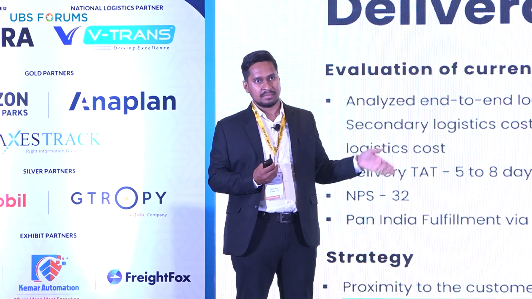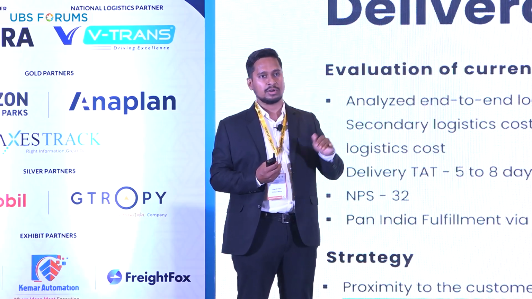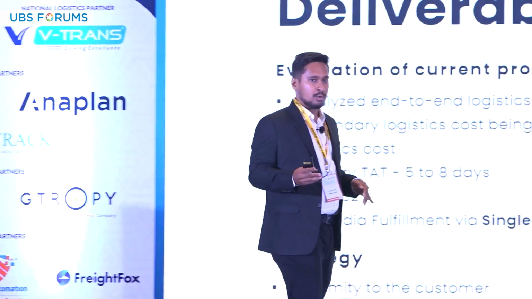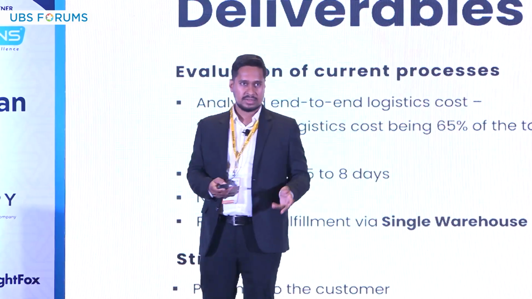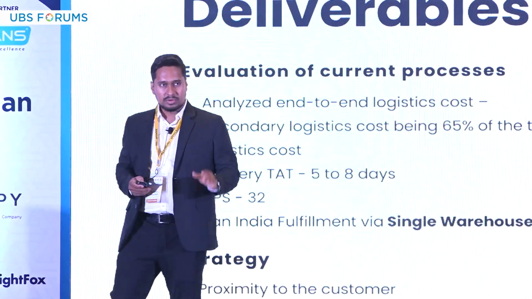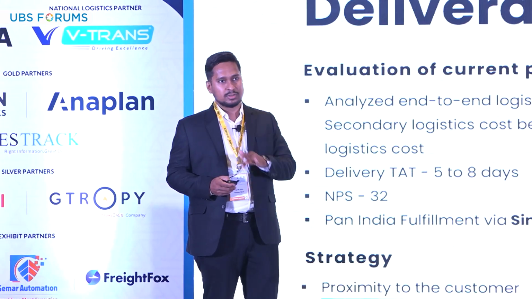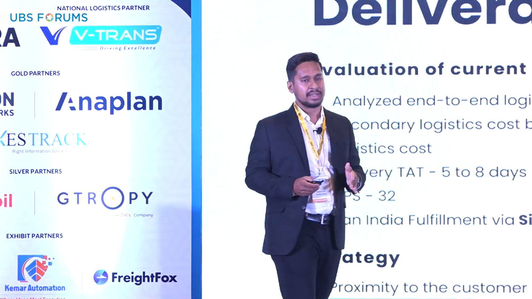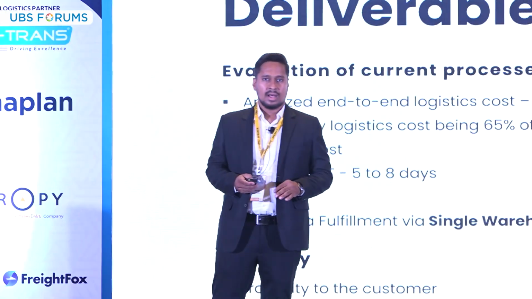The second thing is the secondary logistics cost, primary logistics cost, the warehousing cost, and the desired service level agreements that you intend to build once your distribution network is established. So all these decision variables were given to the algorithm through a k-means clustering network optimization model.